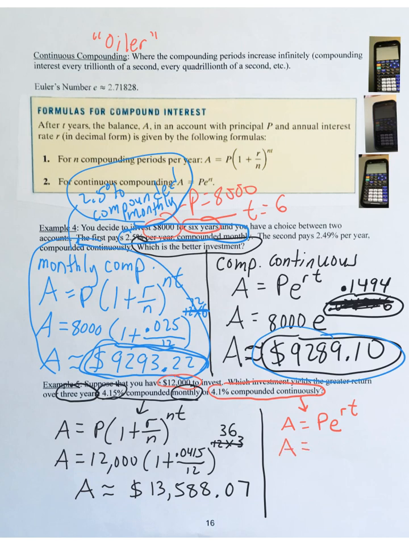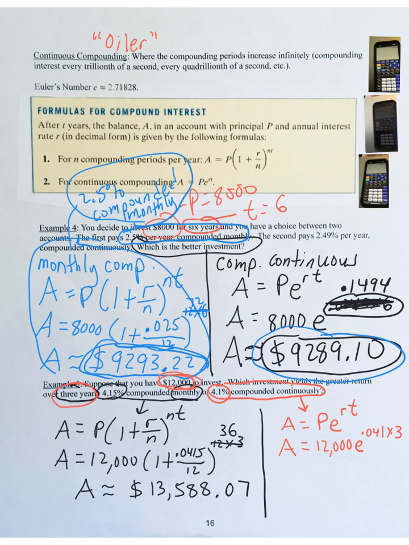So A equals, we already said the principal P, the original amount, that's always what principal means, is 12,000 times E raised to the R. So the interest rate here is 4.1%. When you slide that decimal point 2 hops to the left, as a pure decimal, it is going to be 0.041 times the time frame for both accounts, which is still 3 years. So now it's set up and ready to go.